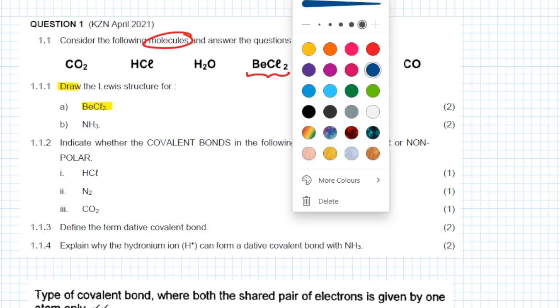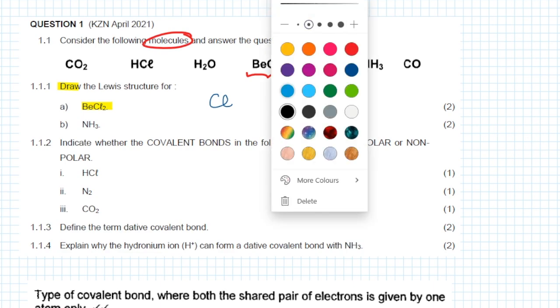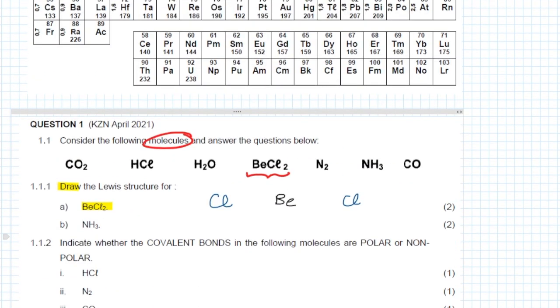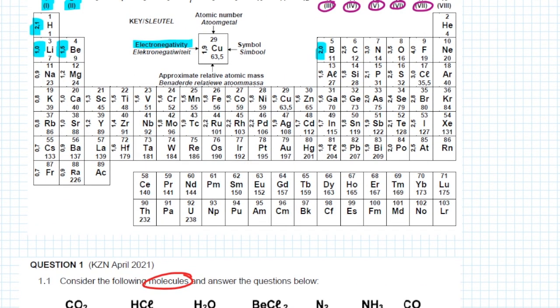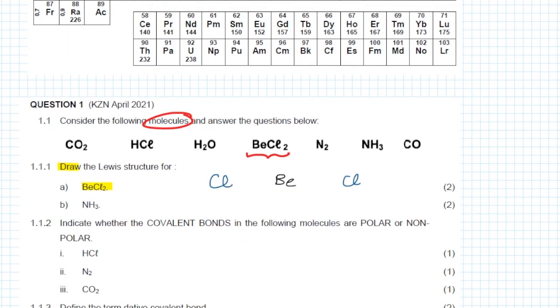We're going to write down Cl and Cl, and the Lewis diagram for beryllium, which is Be. We go to the periodic table to determine the number of valence electrons in each of these atoms. Since beryllium is in group 2, it has 2 valence electrons, and since chlorine is in group 7 or 17, it has 7 valence electrons.